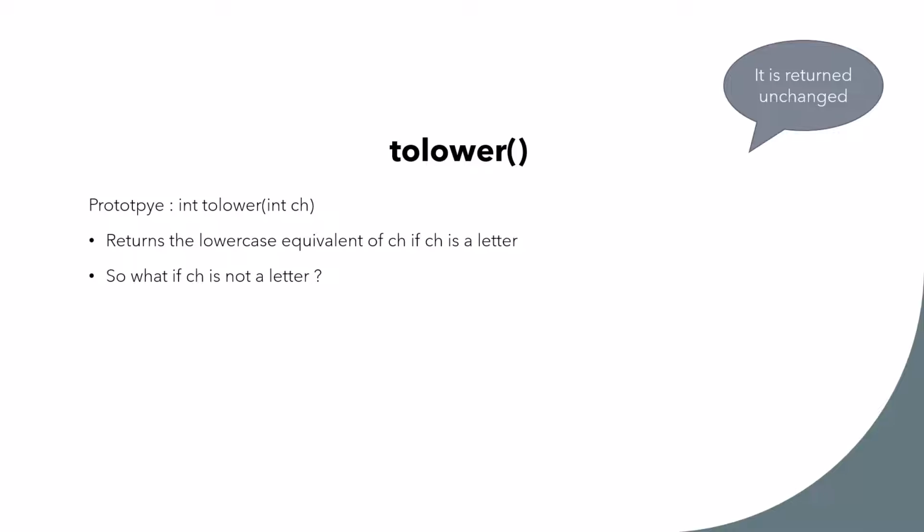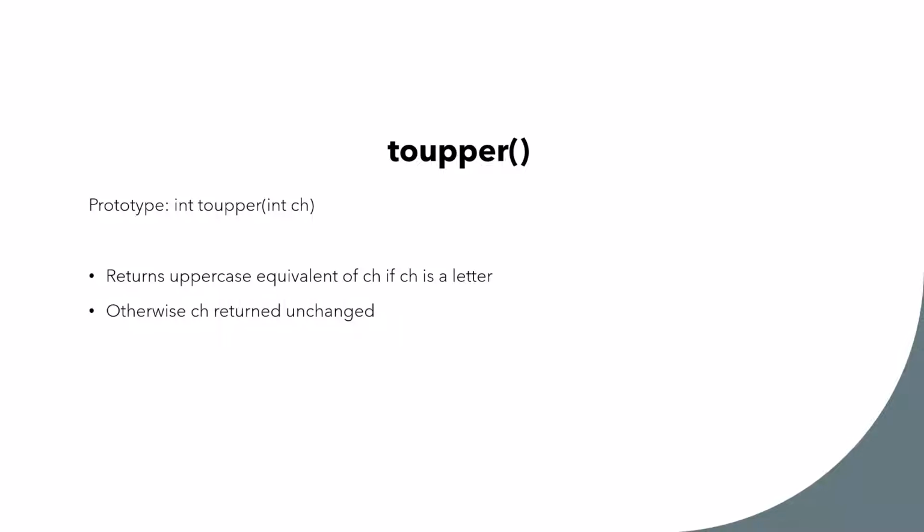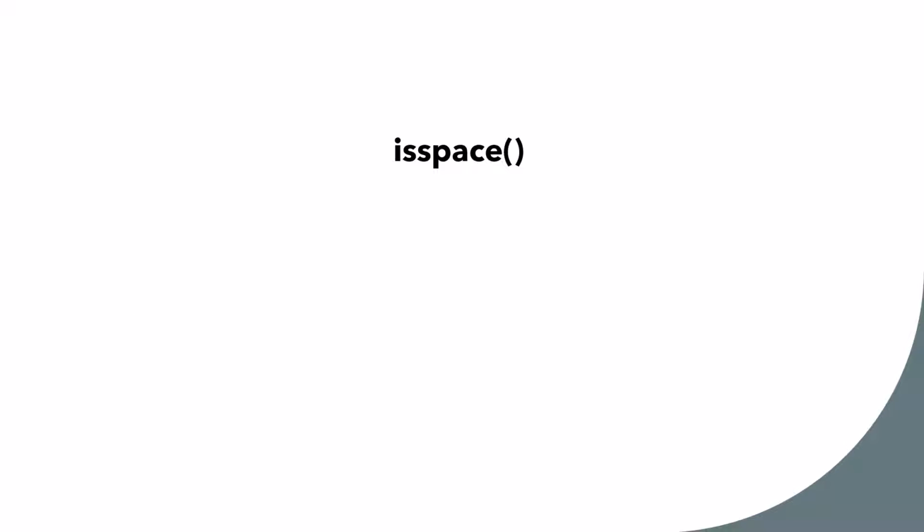It could be a number, it could be a lowercase character itself, right? toupper, again returning an integer there and taking as argument an integer as well. As we know, ch would be converted internally to an integer, though it would be defined as a character in our code. Returns the uppercase equivalent of the character if the character is a letter, otherwise returns the character unchanged.